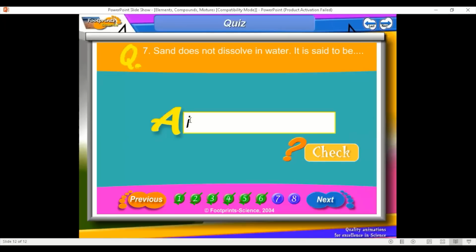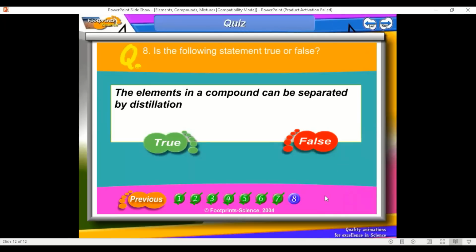If something is insoluble, it doesn't dissolve. Next. The elements in a compound can be separated by, no, you need a lot of energy and it involves temperature, heat. So there you go. We got them all right.